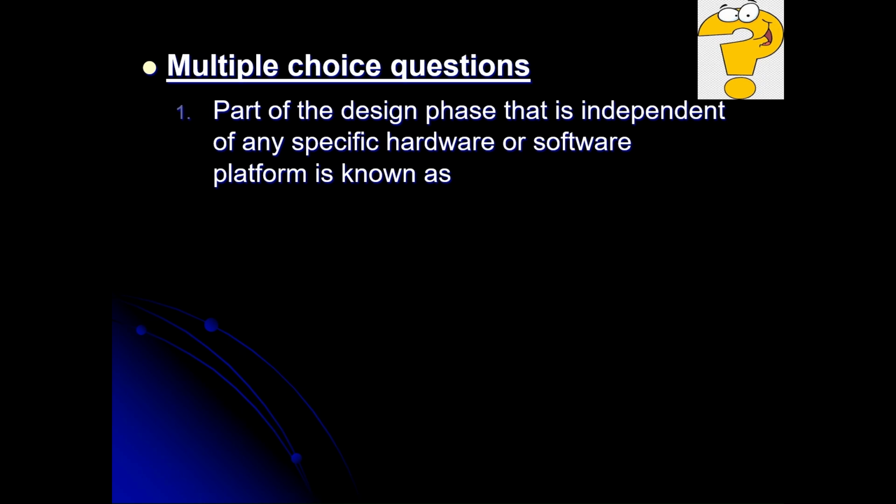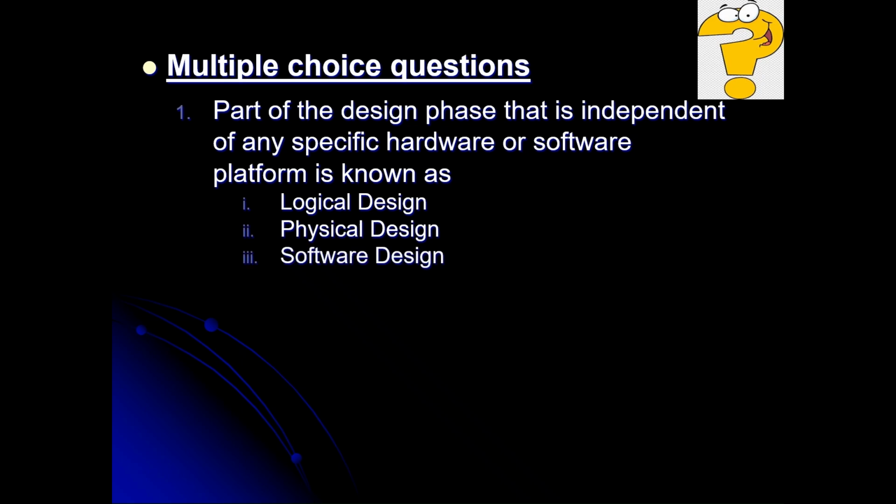So before winding up, let's go for a quick brush up, multiple choice question. A part of the design phase that is independent of any specific hardware or software platform is known as: logical design, physical design, software design, none of the above. What do you think?